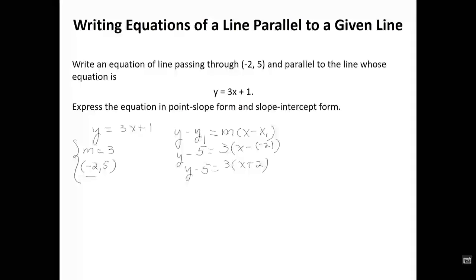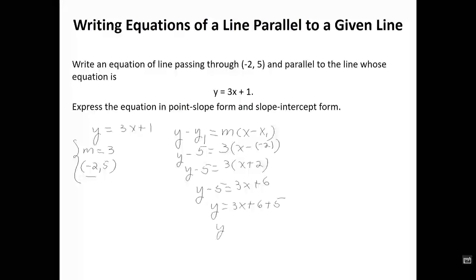To express the equation in its equivalent slope-intercept form, we merely just solve for y. So we have y - 5 = 3x + 6. y = 3x + 6 + 5.